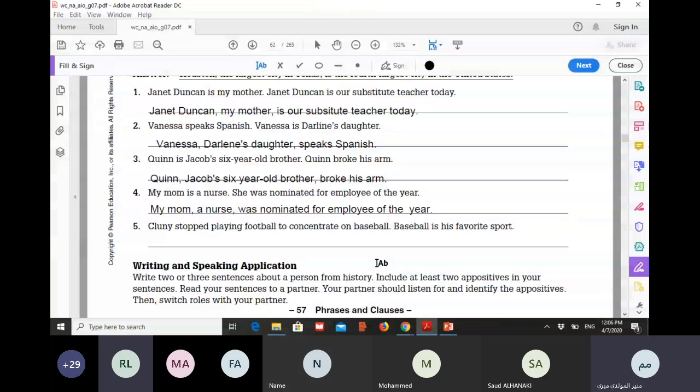Abd Majid, if you say Lani and you put a comma and you write stopped playing football to concentrate on baseball, it means that this part between two commas identifies Lani. If I say Lani or I say stopped playing football to concentrate on baseball, do they give the same meaning? No. So try to find another way to formulate the sentence.